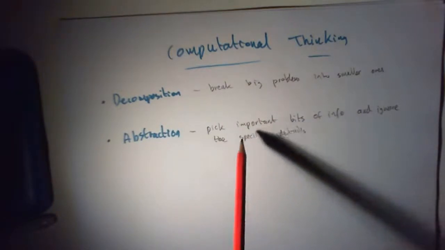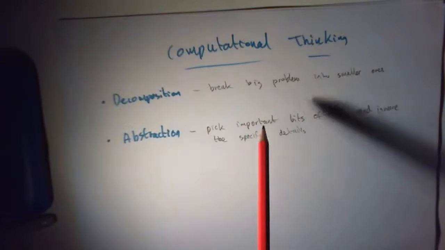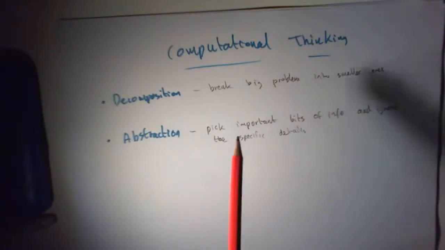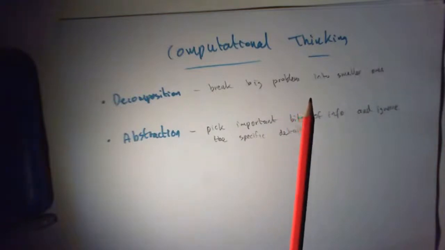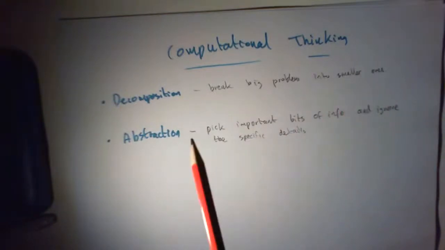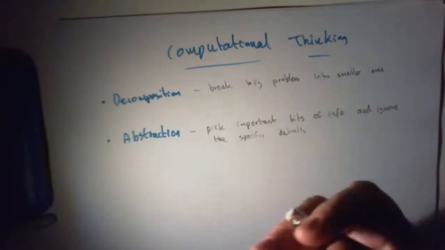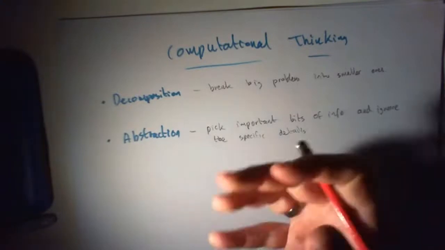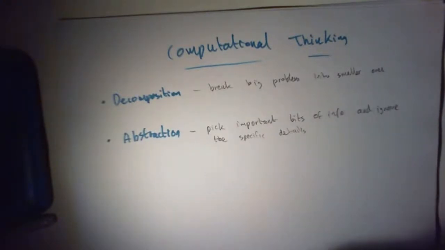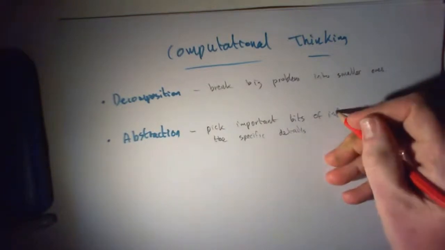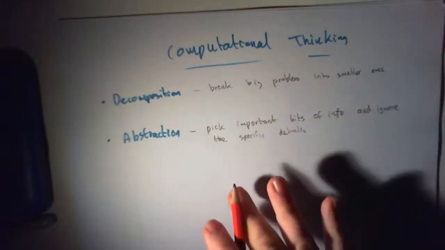So from that, you'd pick 3 and 4, and you ignore the fact that it's eggs and chickens because they're not important to the sum. They're just the fluff coated on it that causes interference with your particular problem. So you pick out the information that's actually needed and ignore the specific details.